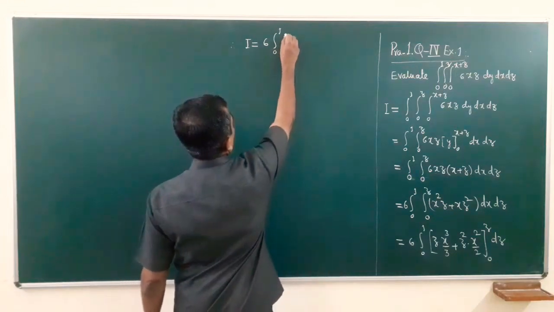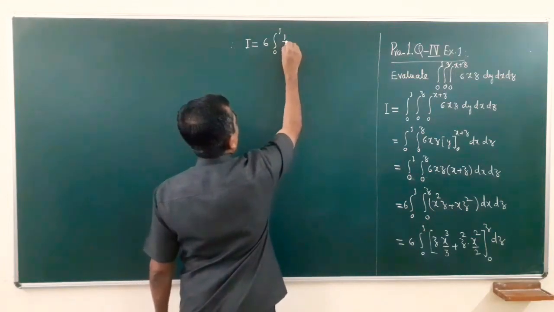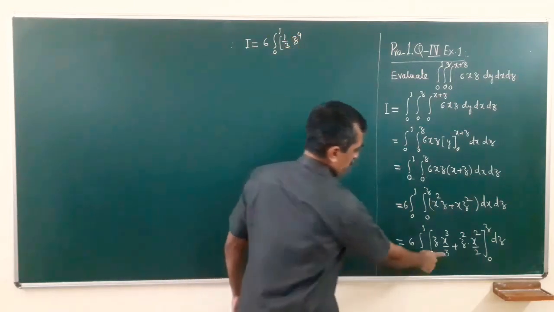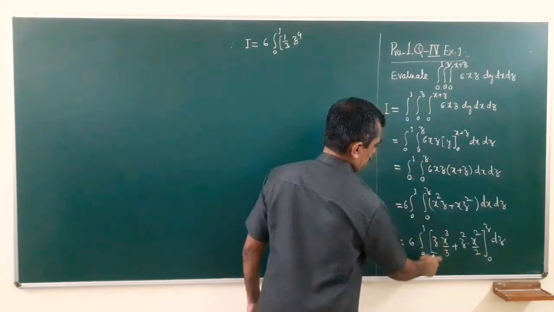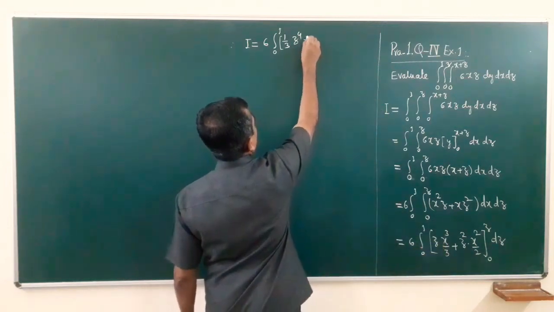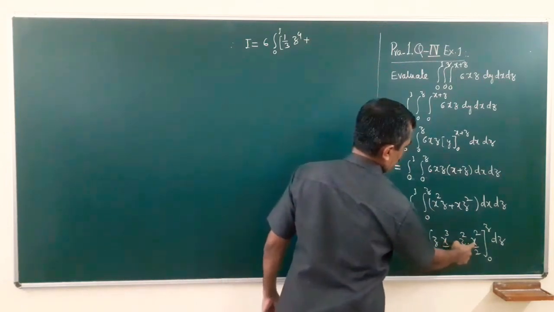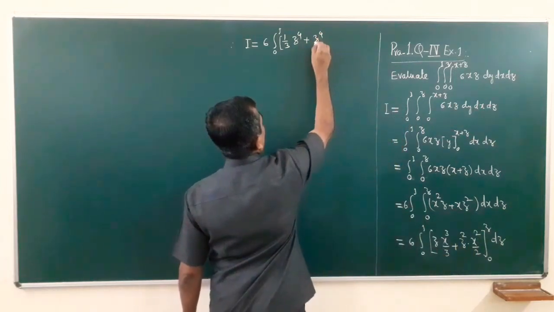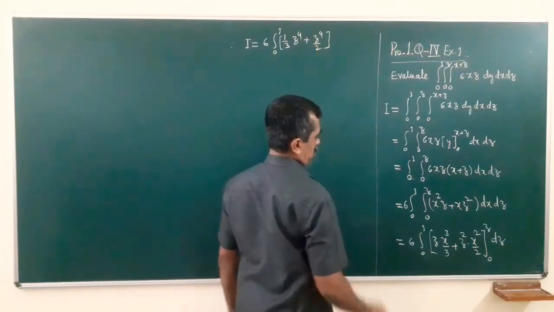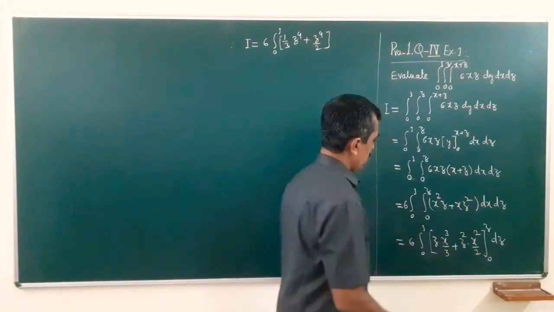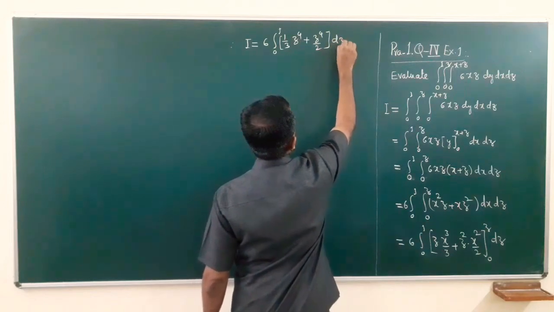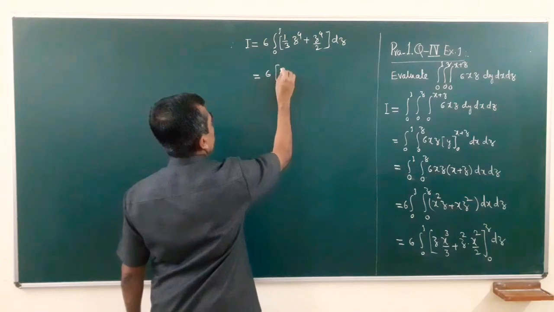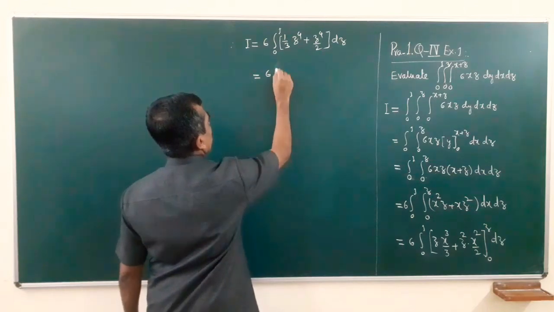So 1 by 3 z raised to 4 plus this z square, z raised to 4 divided by 2, with respect to z.